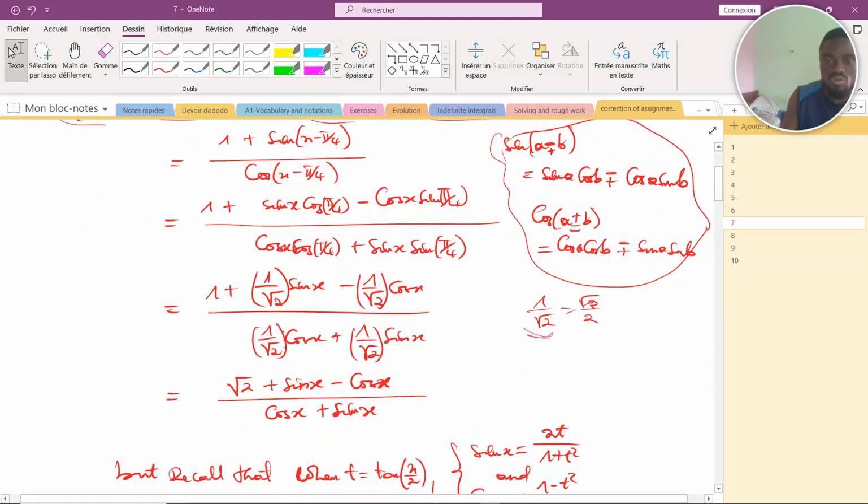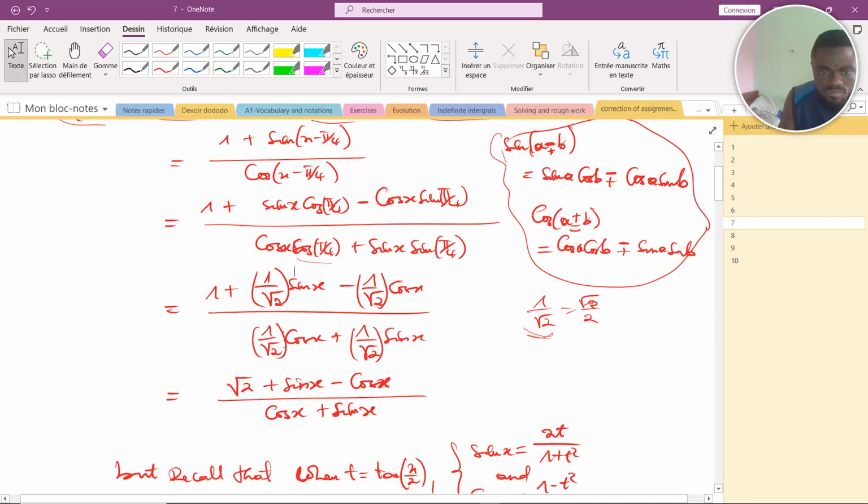But I will decide to work with 1 all over root 2. Sine pi on 4 is the same thing, it's 45 degrees, so 1 all over root 2 also. The same thing here, cos pi on 4, 1 all over root 2, sine pi on 4, 1 all over root 2. Is that okay?